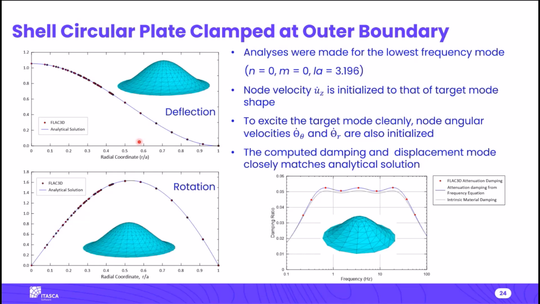And how you run this kind of problem in FLAC is you take the analytical solution and you try to excite exactly this mode. You don't want to have a bunch of different modes going at the same time. So you want to excite very cleanly the particular mode you're looking for. So we take that analytical solution and we initialize the vertical velocity of the node points, of the structural nodes, to the target mode shape. And then, these are structural elements, so they have a rotational degree of freedom also. So you also have to initialize the rotational velocities of these nodes to cleanly excite that mode.